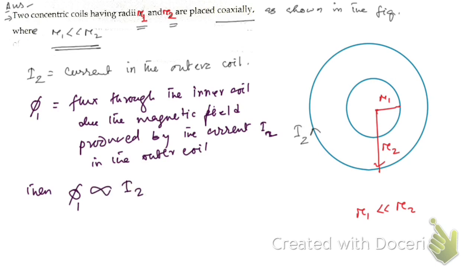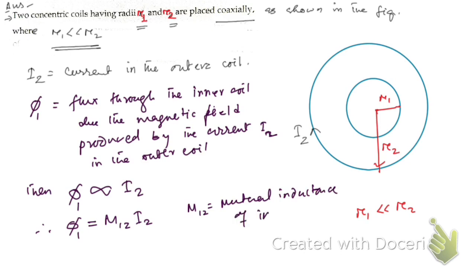To write equal, we need a constant that is called mutual inductance M12, which represents the mutual inductance of the inner coil.